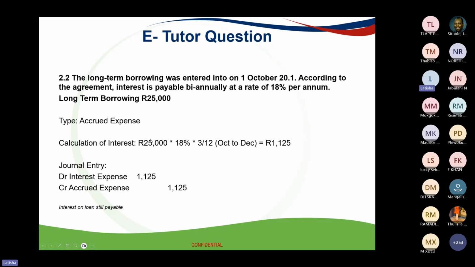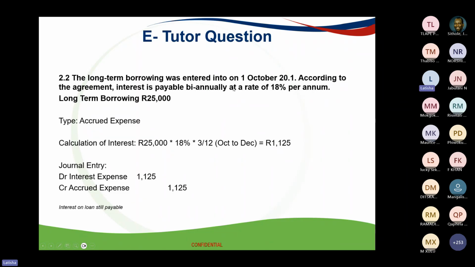So essentially, when you're calculating the 25,000, the information here is the loan was taken out on the 1st of October. So in your way, if I understand your question correctly, you would have said 25,000 multiplied by 18% multiplied by 3 divided by 6. Is that what you mean? Because it said biannually.